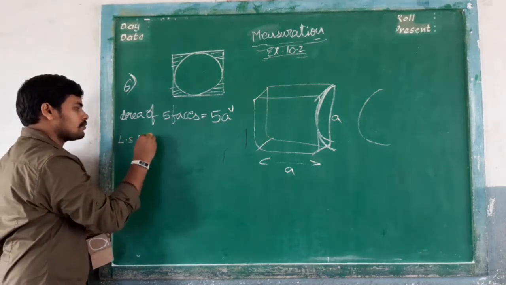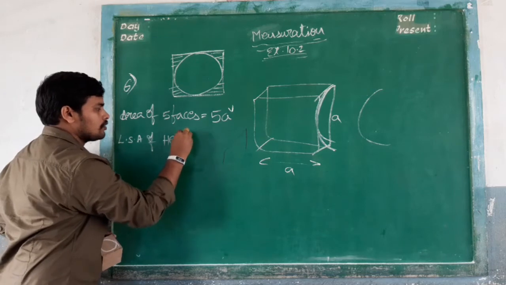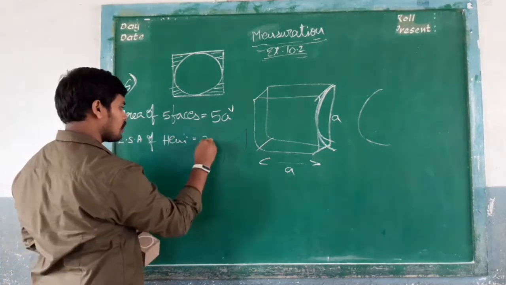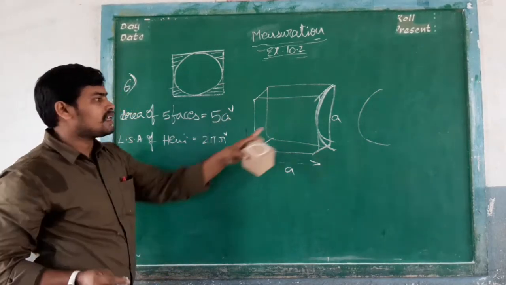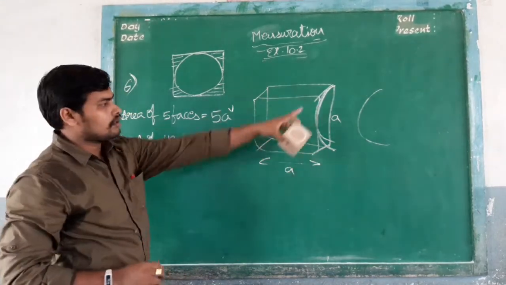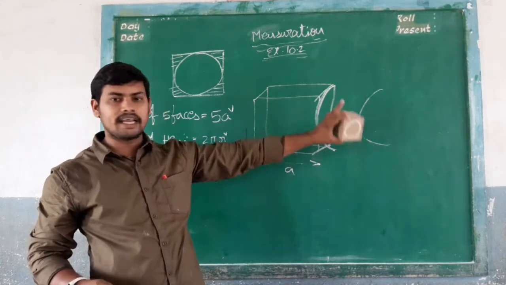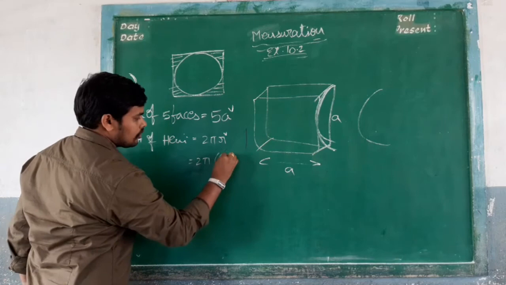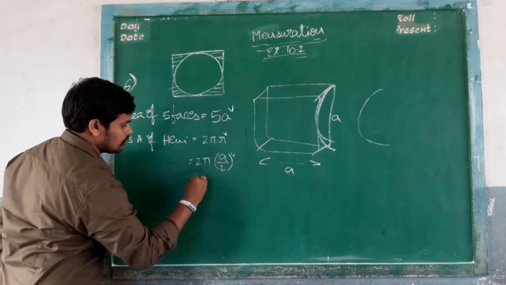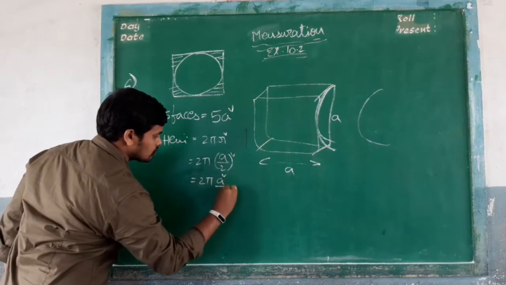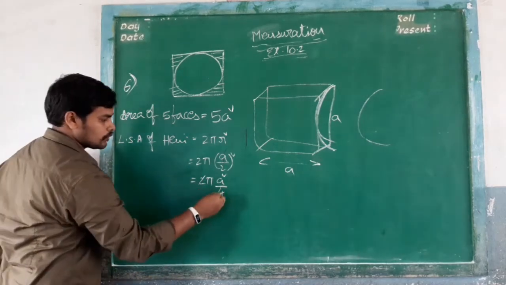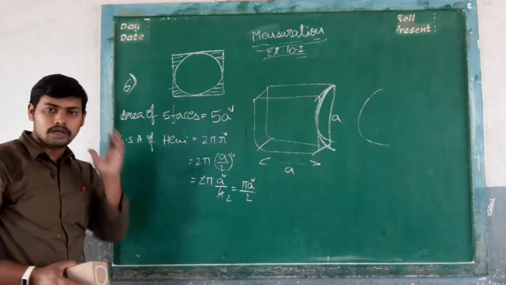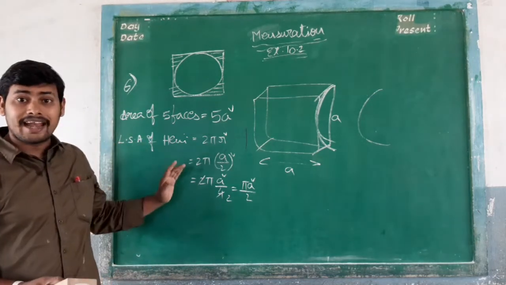The formula is 2 pi r square. What is the radius here? Diameter is A, so radius is A by 2. 2 pi into A by 2 whole square equals 2 pi A square by 4, that equals pi A square by 2. This is the lateral surface area.